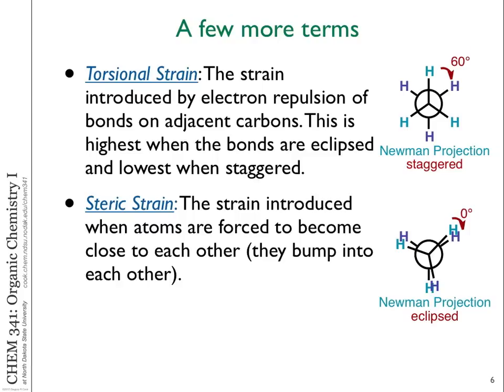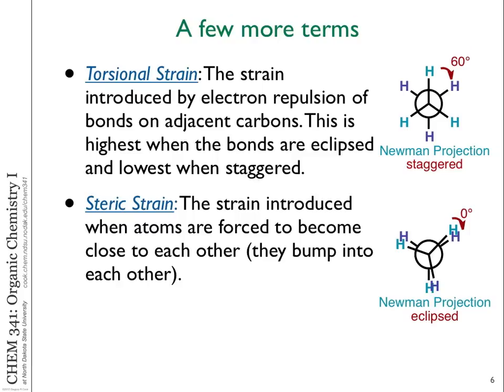Okay, in ethane, hydrogens are very small. There are two aspects to those changing energies as the ends of the molecule interact. One is the steric strain, which is introduced when you have large groups bumping into each other. And when we look more closely at molecules that have things other than hydrogen, we'll see that that has some influence as well.